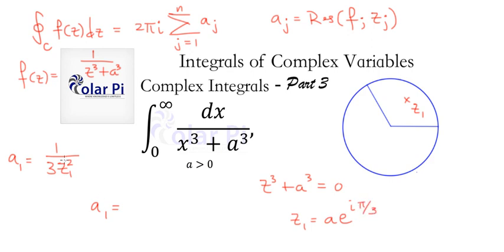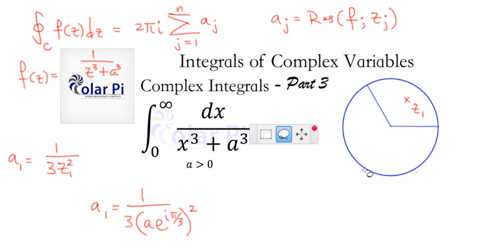So a1 is going to be 1 over 3 times z1 squared, so that's a e to the i pi over 3, all squared. Then a1 is equal to 1 over 3a squared, times e to the 2 pi i over 3.